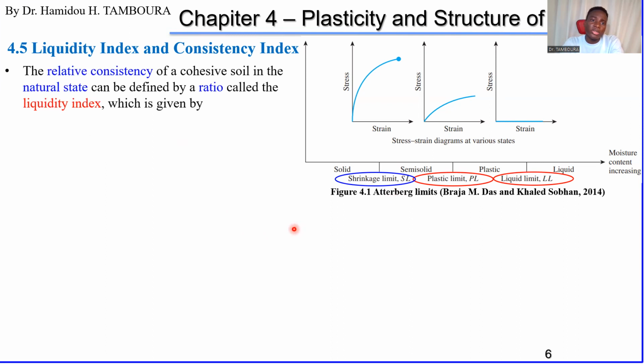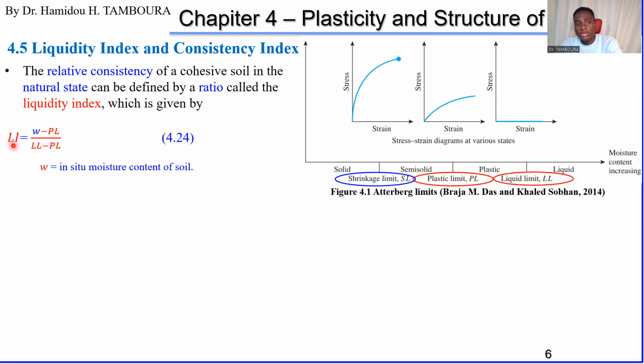So the relative consistency of cohesive soil, because always remember that this chapter is mainly for fine soil, cohesive soil like clay, in natural state can be defined by a ratio. That ratio is called liquidity index, and it can be given by this formula.